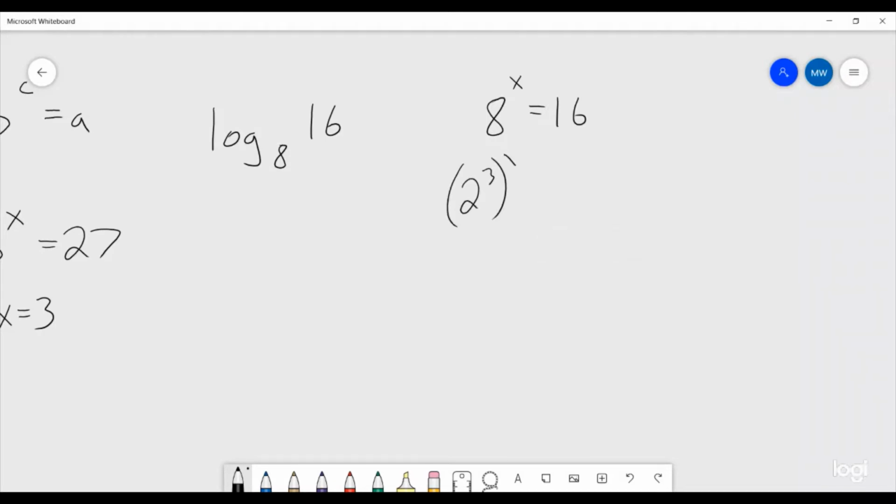So that's 2 cubed to the x. Well, 2 cubed to the x is the same thing as 2 to the 3x, and that's equal to 16, but 16 is 2 to the 4. Well, that tells us that 3x is going to be equal to 4, so x is 4/3. So that tells us log base 8 of 16 is 4 over 3.